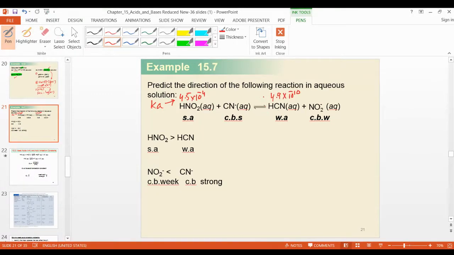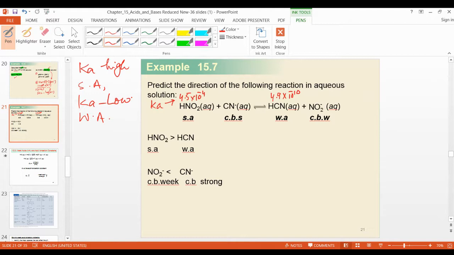So according to the K value, I told you last time, if the K value is high, that is a strong acid, and if the K value is low, that is a weak acid, right? You decide on this basis.